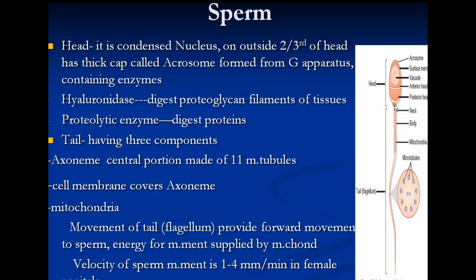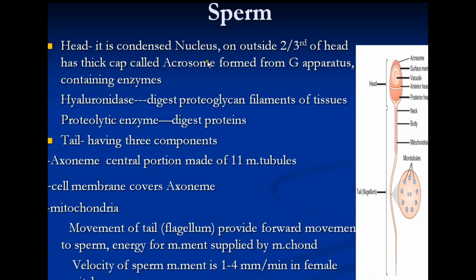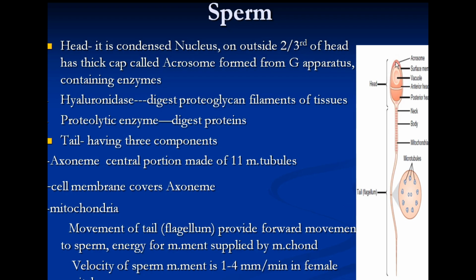The mature sperm has two portions, the head and the tail. The head is the condensed form of the nucleus. On the outside, two-thirds of the head is a thick cap-like structure called the acrosome, a very hard disc-like structure formed by the Golgi apparatus.